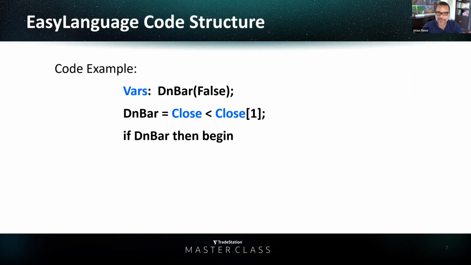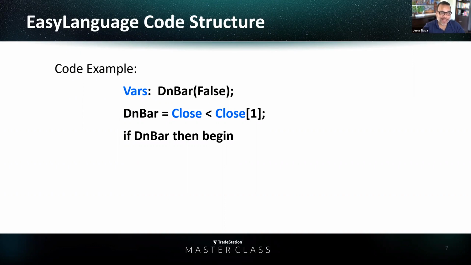Remember that the Paintbar by nature is something that only shows up if the condition is true. So the condition of this study is if down bar, then begin. Meaning that if it finds a down bar, okay, let's start doing what we were supposed to do. When you reference the variable name like this, you're looking for a true condition.